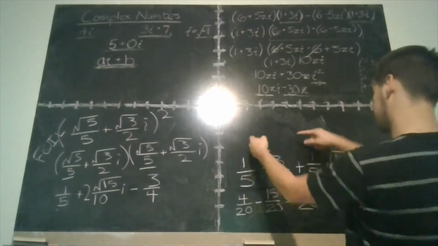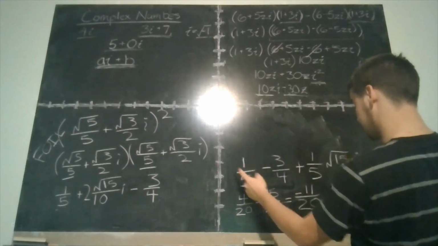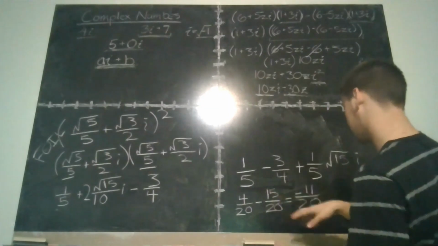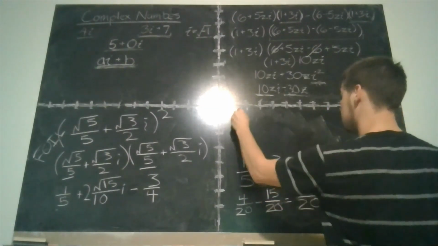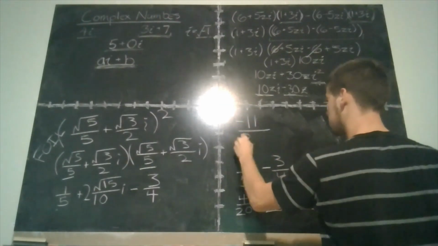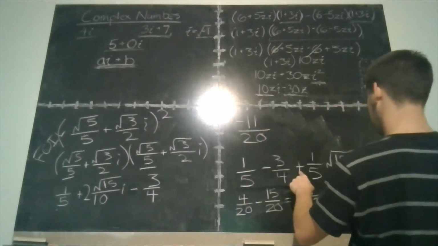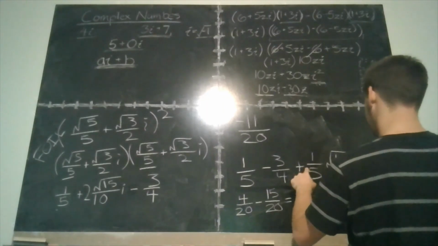So I'm going to move up just a step here to do the final solution of the problem. We've got minus 11 over 20 to replace those, plus radical 15 over 5 times i.